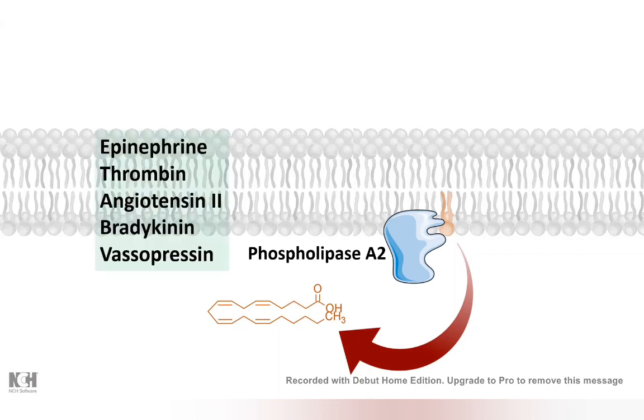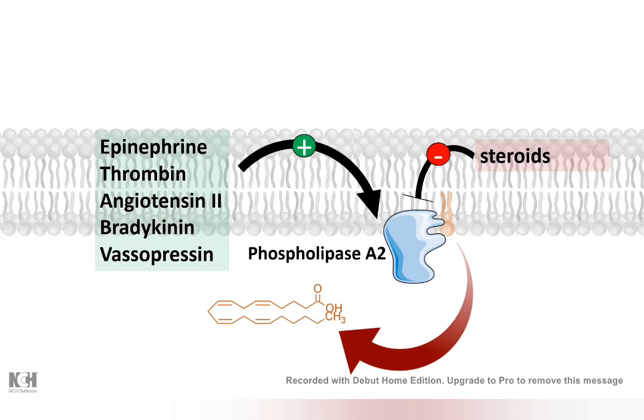It turns out epinephrine, thrombin, angiotensin 2, bradykinin, and vasopressin all positively regulate phospholipase A2 and thus lead to production of prostaglandin. Whereas steroids inhibit phospholipase A2 activity and thereby prevent production of prostaglandins.